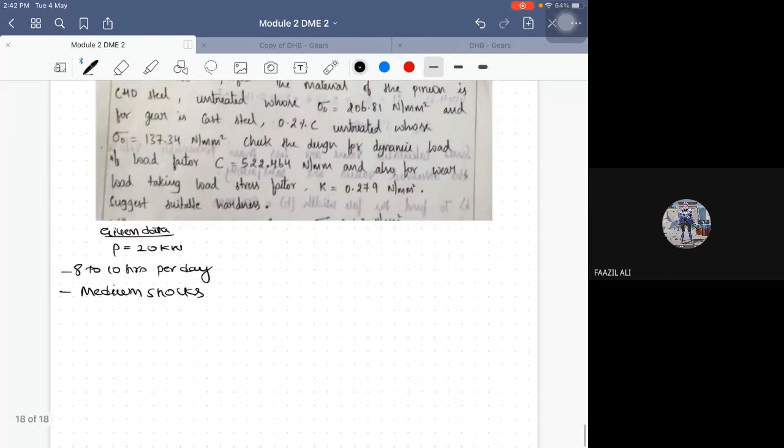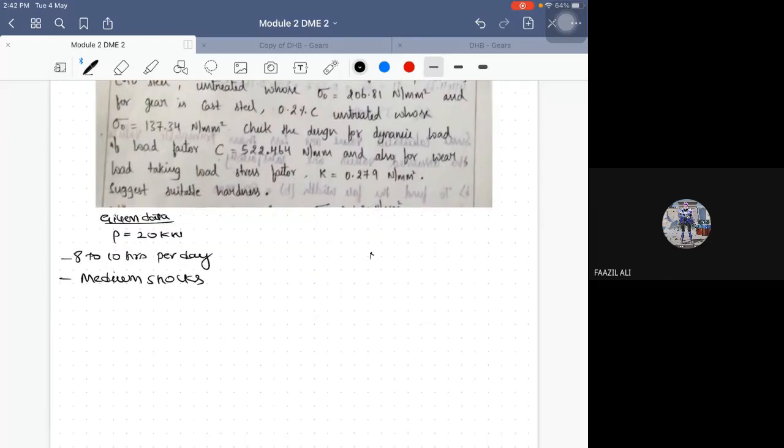So I would take N1 to be 1000 rpm. Similarly, I would take the value of N2 to be 310 rpm.